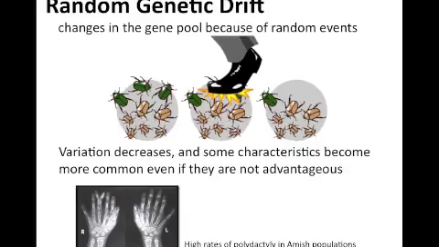The third mechanism of genetic evolution is random genetic drift. And this is when there are changes in the gene pool because of random events. So this is sort of the opposite of natural selection. Looking at this picture here, we can see we start out with 3 green bugs and 6 brown bugs. But if someone were to come along and just accidentally step on 2 of the green bugs, we can see that this is the population that's left over.